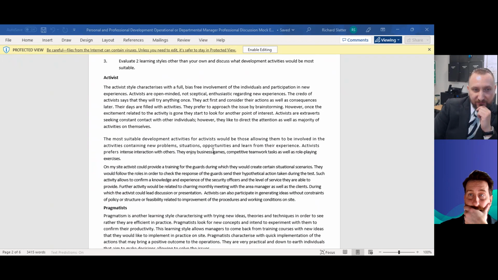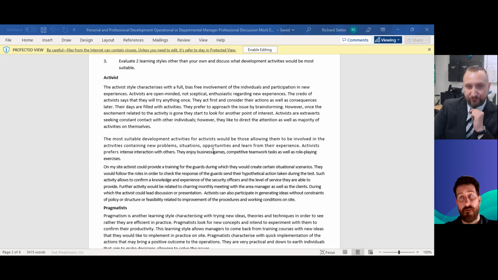The credo of activists says that they will try anything once. They act first and consider their actions as well as consequences later. Their days are filled with activities. They prefer to approach the issue by brainstorming. However, once the excitement related to the activity is gone, they start to look for another point of interest.